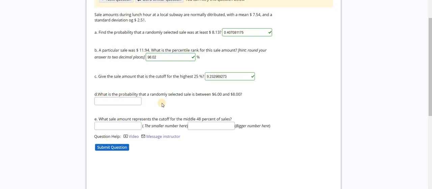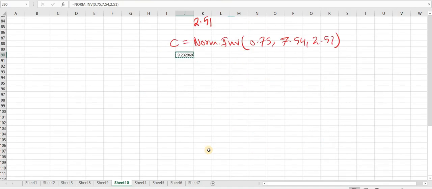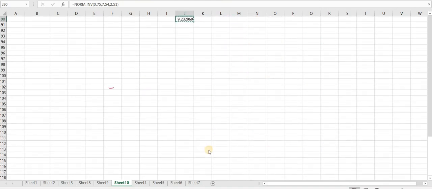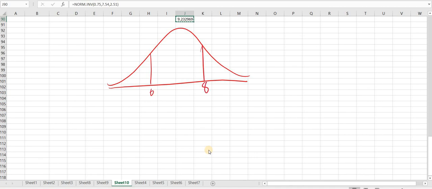What is the probability that a randomly selected sale is between $6 and $8? We know how to find the area in between two numbers. So here is the normal distribution one more time. And here is 6 and here is 8. I know that the mean is 7.54 and the standard deviation is 2.51.